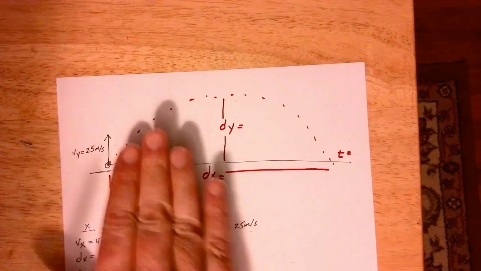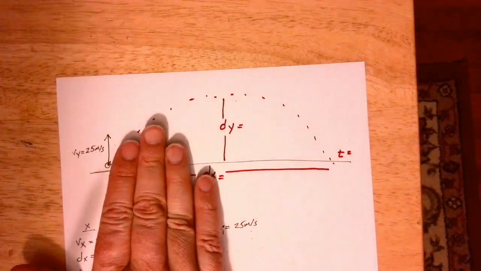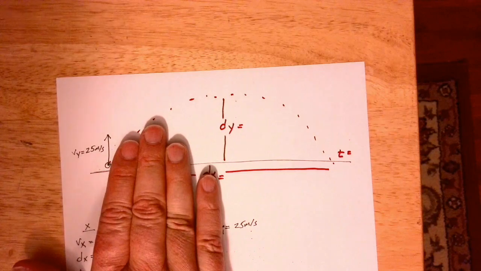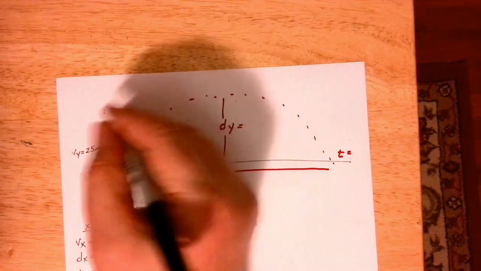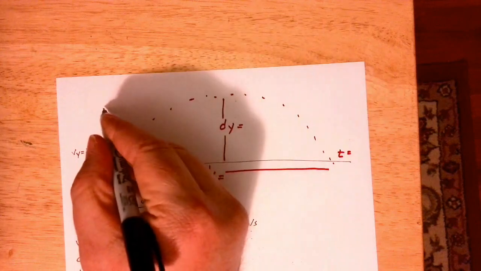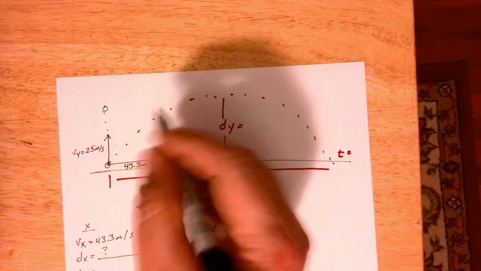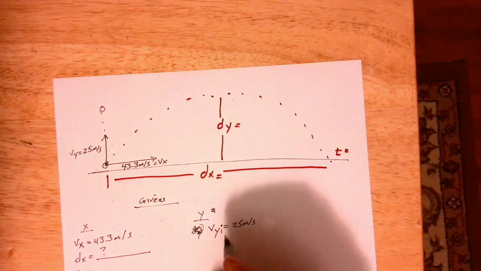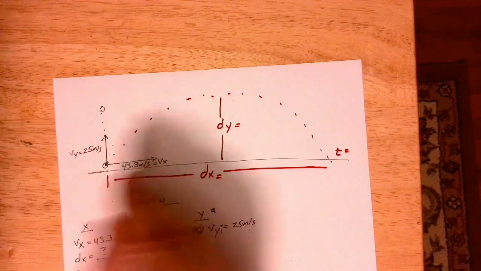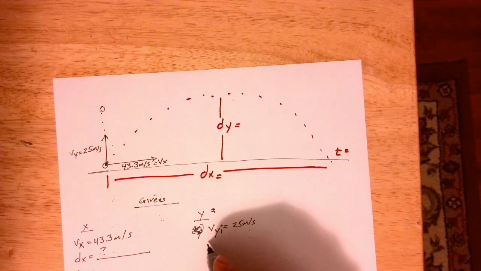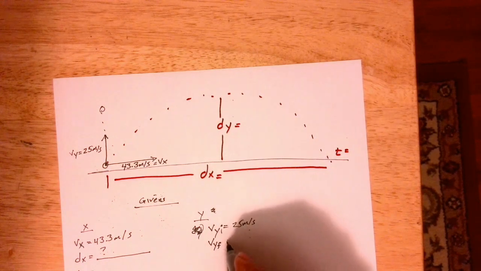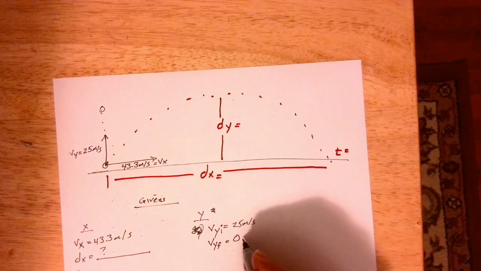So if you're throwing an object upward at 25 meters per second, it's going to go up, and it's going to slow down as it goes up. Eventually it's going to reach a point where its final velocity up here at the top will become 0. So vertically speaking, Vy final will be 0 meters per second.